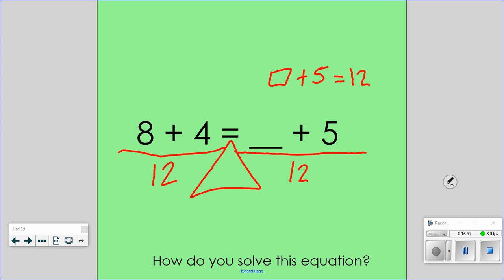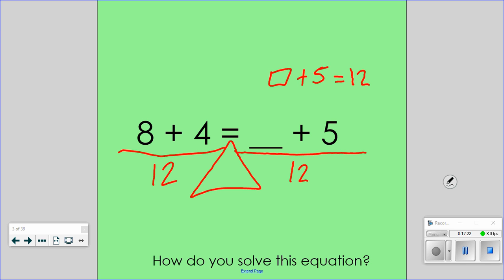Gwen looks at 6 first, and she figured out that 6 plus 5 is equal to 11, which will get us close. My balance is close to being equal, but not quite. That's because 6 plus 5 is equal to 11, not 12. I need to put in a 7.